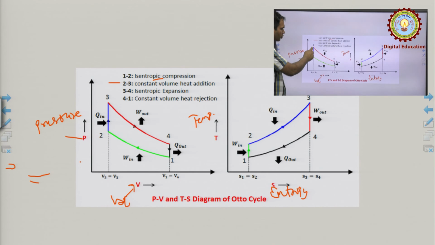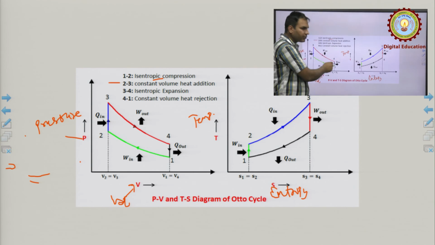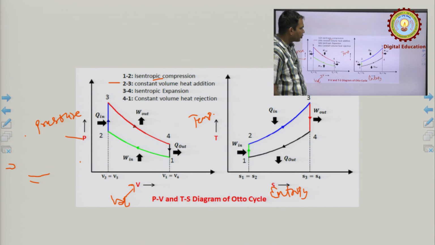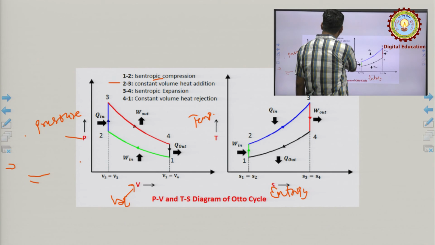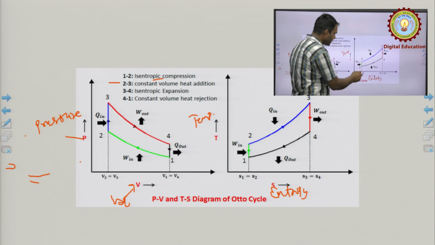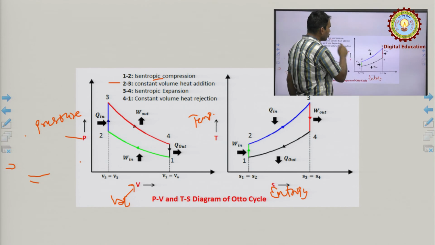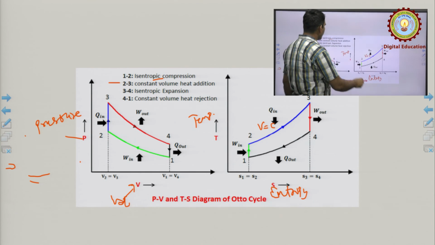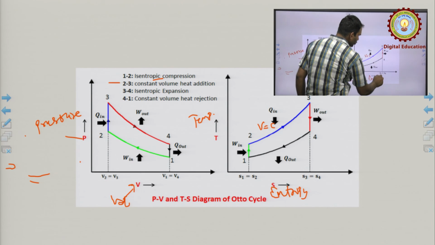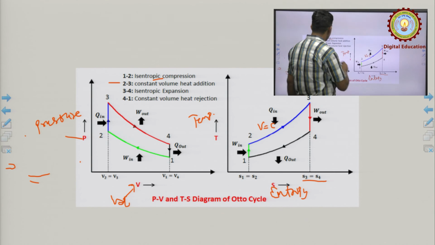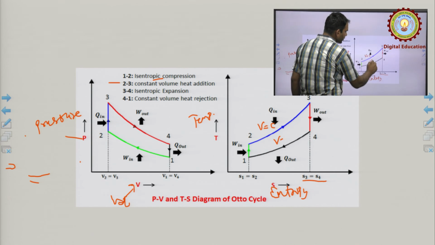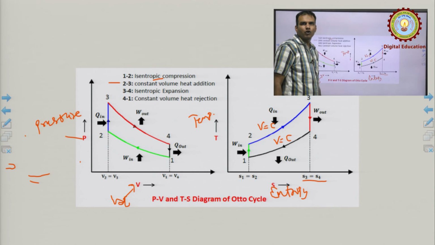So, 2 to 3 is called a constant volume process, 3 to 4 is isentropic expansion, and 4 to 1 is constant volume heat rejection. You can see in the TS diagram also, 1 to 2 isentropic compression means entropy is constant, 2 to 3 volume is constant, isentropic expansion 3 to 4, so entropy is constant, S3 is equal to S4, and 4 to 1 is constant volume heat rejection. So, volume is constant from 4 to 1.